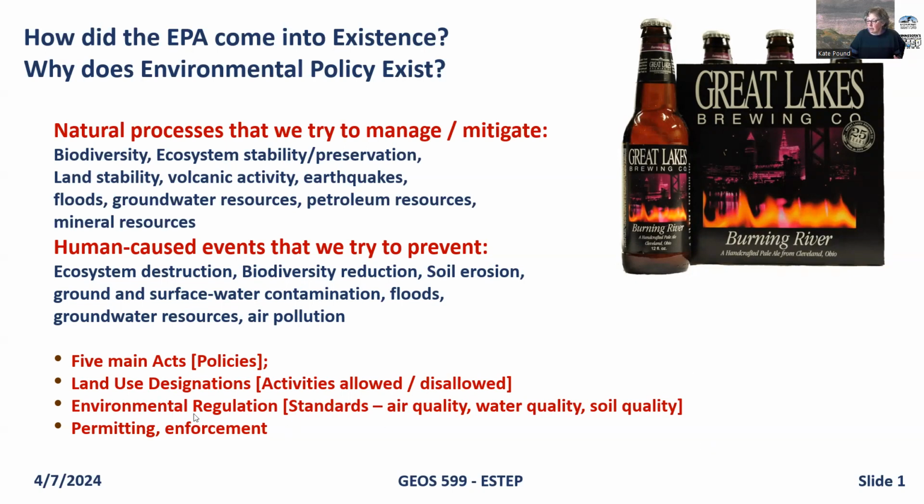And then comes the nitty gritty, the actual environmental regulations. So this is the setting of the standards, the standards for air quality, water quality, and soil quality. And then the real nitty gritty, the actual permitting and enforcement, which usually flows down to states to manage in a way that is complex.